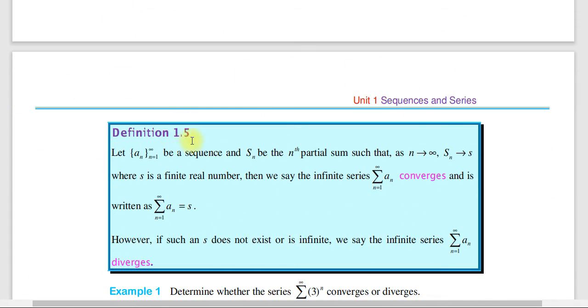ለምሳሌ እዚህ ላይ ዴፊኒሽን አለ። Let an be a sequence and Sn be the n-th partial sum such that as n approaches infinity, Sn approaches s, where s is a finite real number. Then we say the infinite series, the summation from n equals 1 to infinity, is convergent and is written as the summation from n equals 1 to infinity is equal to s.